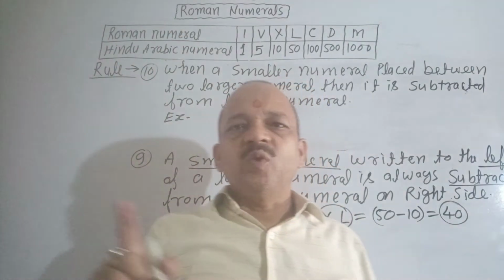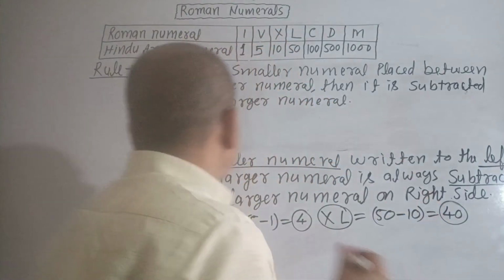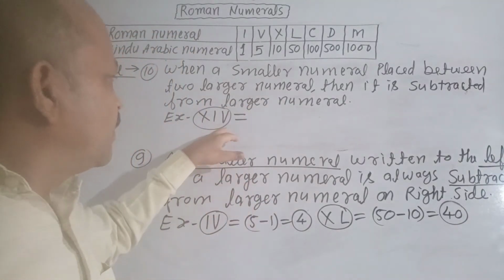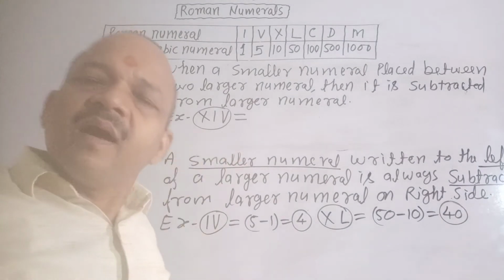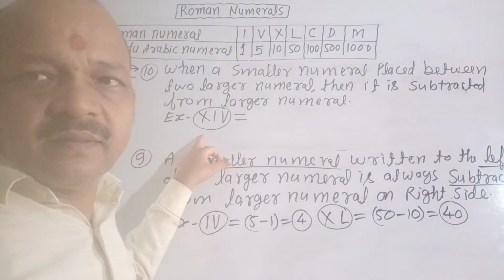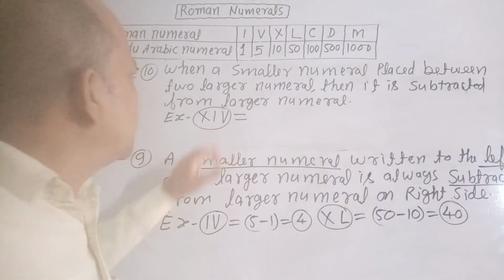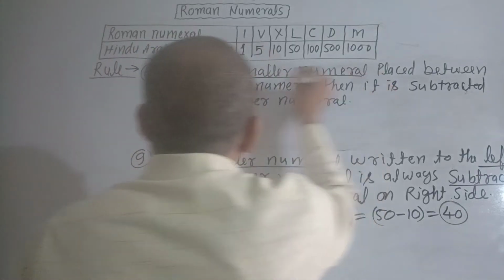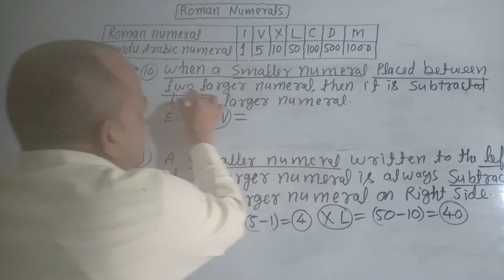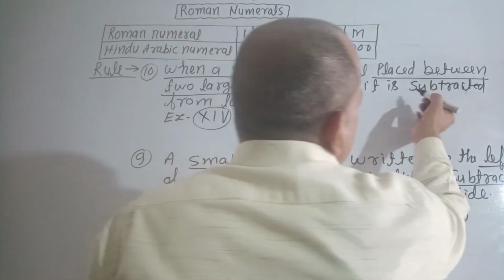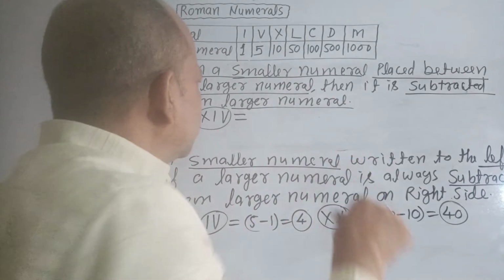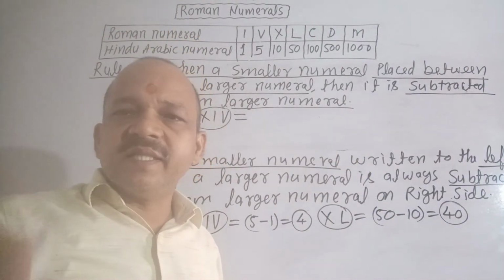Example, it is clear, no confusion about it. XIV equal to, here V and X are larger, I is smaller, I is between X and V, so you subtract according to the rule. When a smaller numeral is placed between two larger numerals, then it is subtracted from the larger numeral.